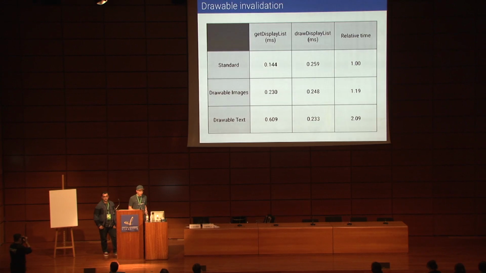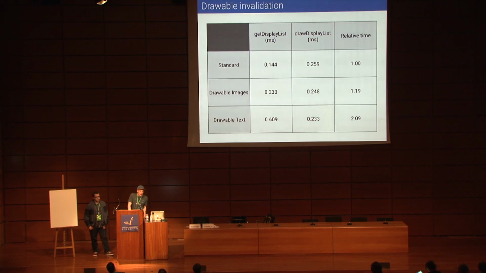All the invalidations are really just confined to that space where they need to invalidate. Drawable images isn't actually that bad because, well, drawing images isn't really that hard. So it doesn't matter as much that we're redrawing those images.